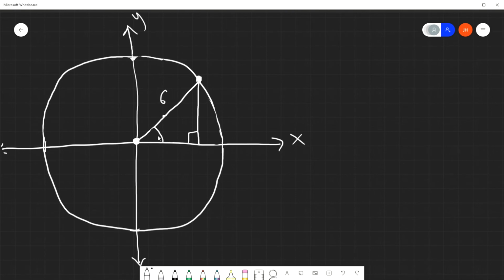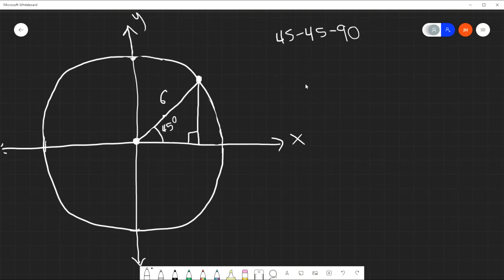Just for the sake of this example, let's say that I measured this angle and it was 45 degrees. That is very familiar, isn't it? This right here would be one of our 45, 45, 90 triangles.